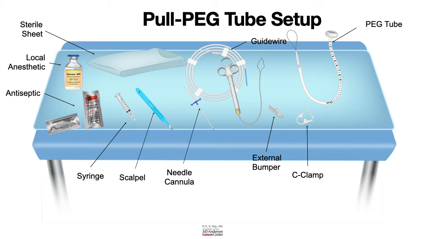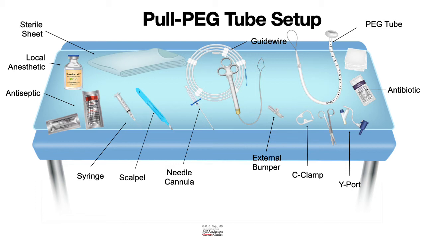A clamp to open and close the PEG tube. A scissors. After the PEG tube is placed, you cut the PEG tube at a desired length and attach a Y port that will be used for infusing either food or medications, and an antibiotic cream that is placed at the skin incision with a gauze over it under the external bumper.